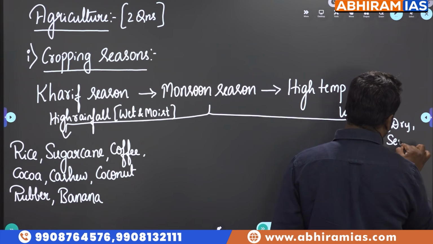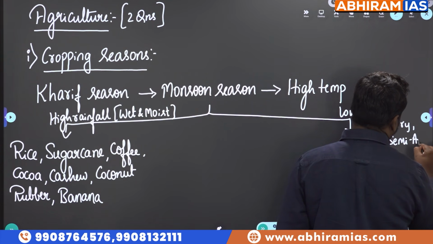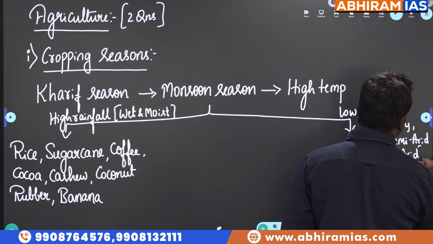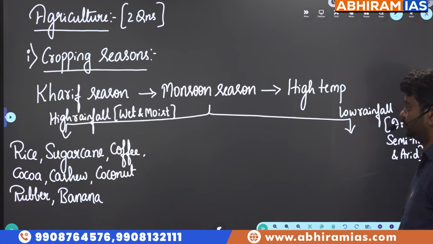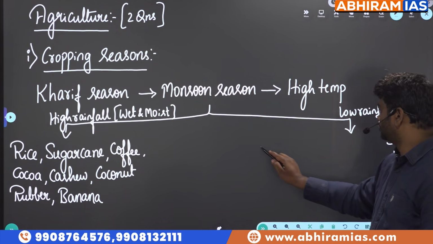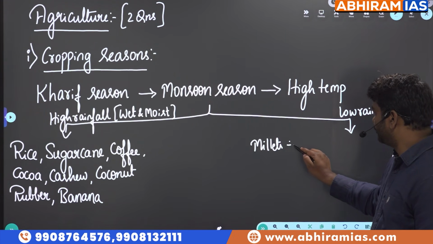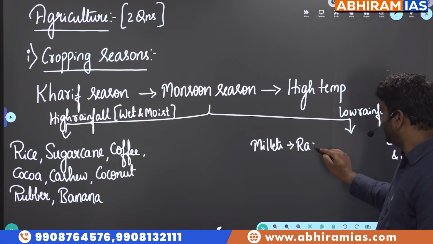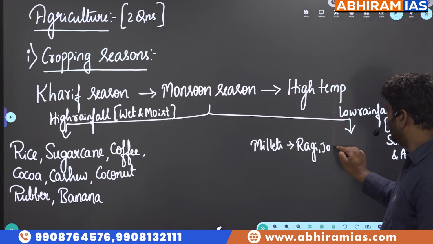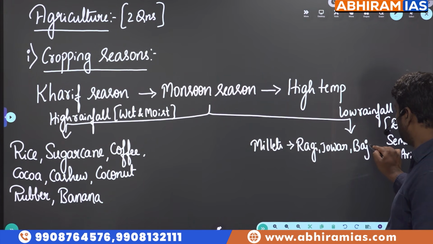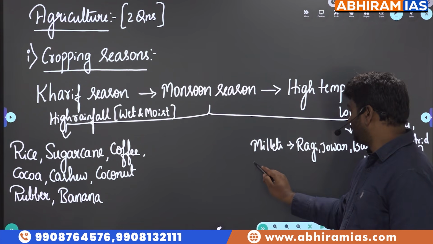Dry, semi-arid and arid areas: millets will be there. What are millets? Ragi, jowar, bajra.